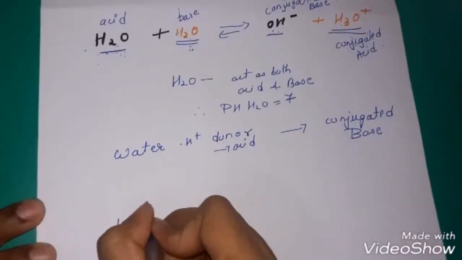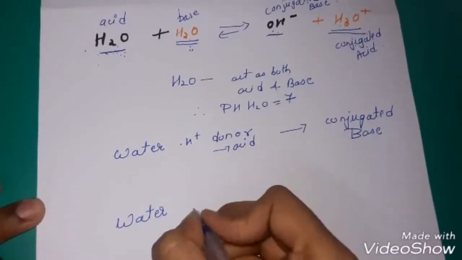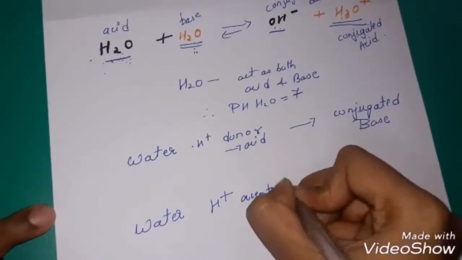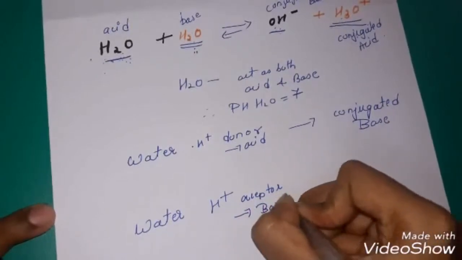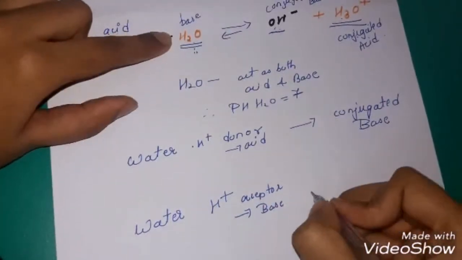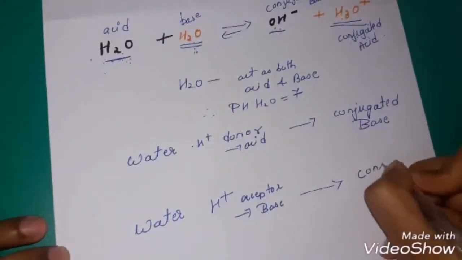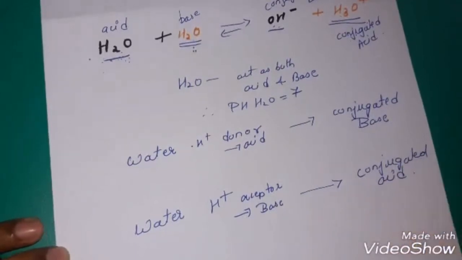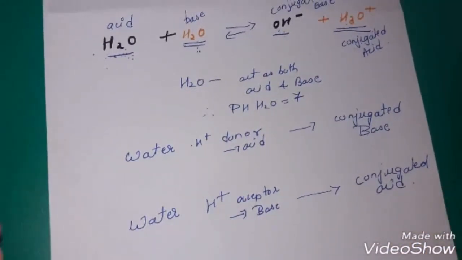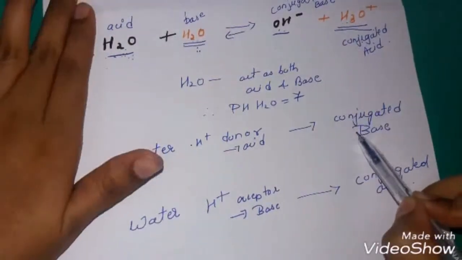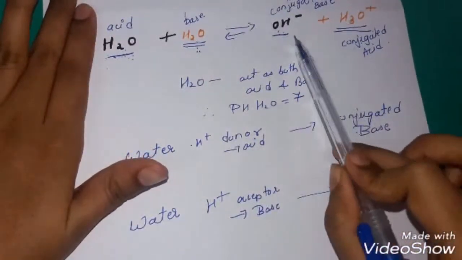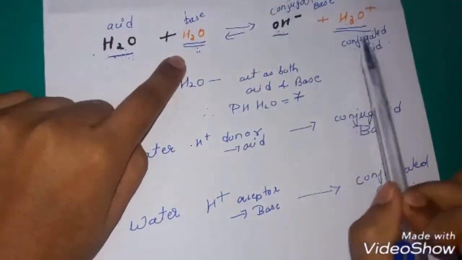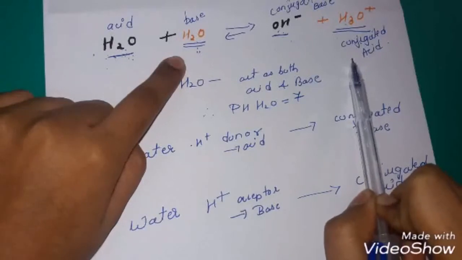Second thing we can tell is water is proton acceptor where it works as base, and its product is conjugated acid. So basically an acid will always give its conjugated base, and a base will always give its conjugated acid as a byproduct.